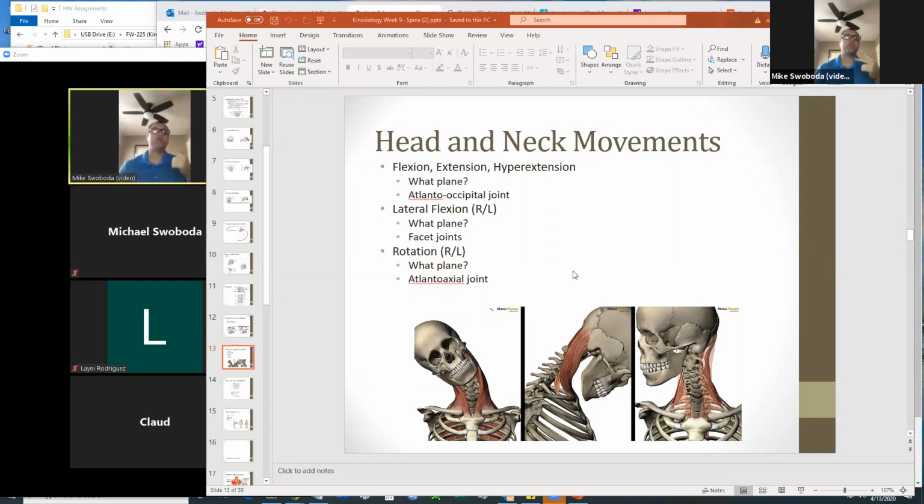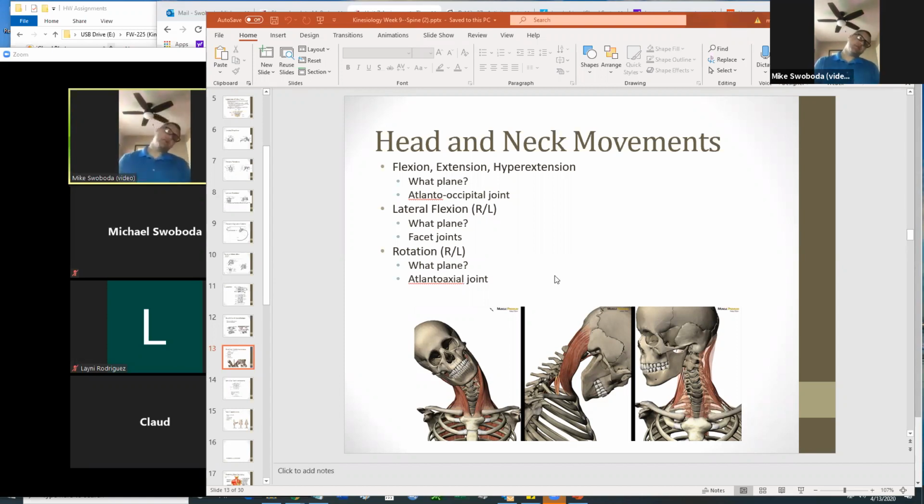Lumbar, cervical, and thoracic spine all have these same 4 movements. The thoracic spine has the least amount of movement because it has your rib cage attached to it. Your lumbar spine and your cervical spine have the most movement, and really your cervical spine has the most.